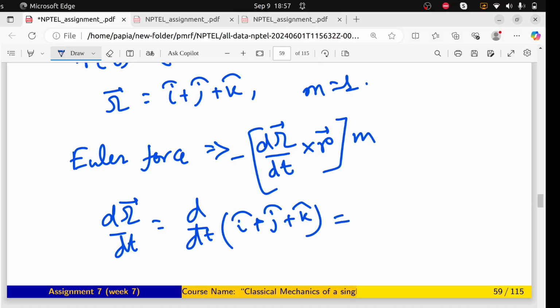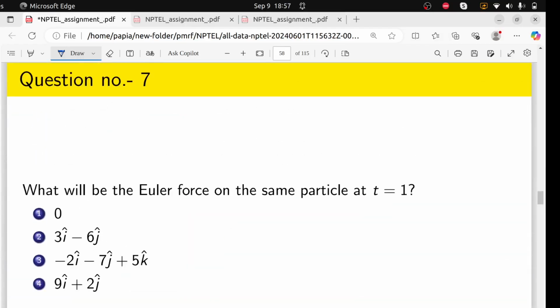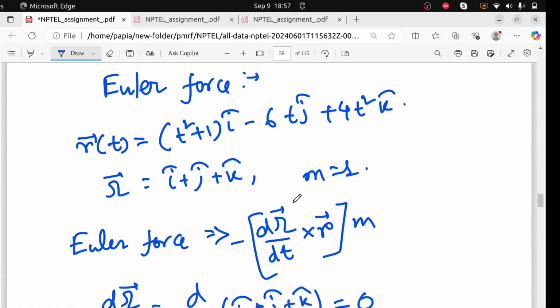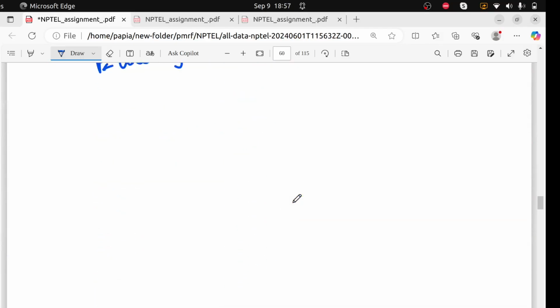So if I do d/dt of i cap plus j cap plus k cap, it will simply give me a zero value. So the Euler force for this case is 0. This is the answer. Obviously, we don't need to calculate at which t we are talking about, t equals 1 or t equals 2, the answer will always be 0, because our omega is not a function of time.